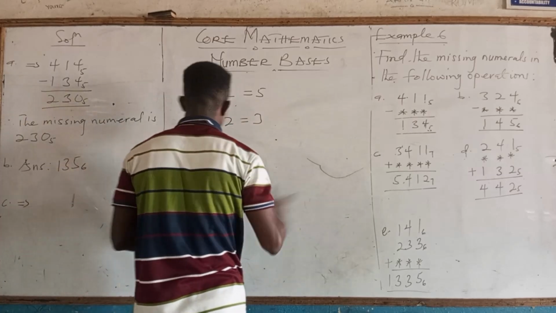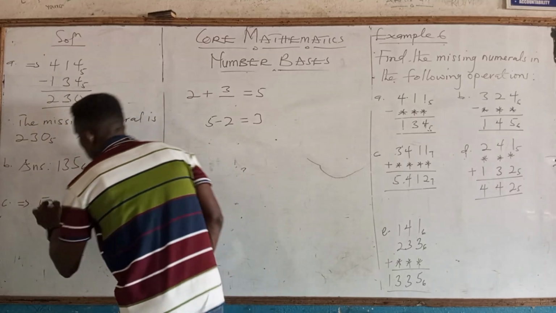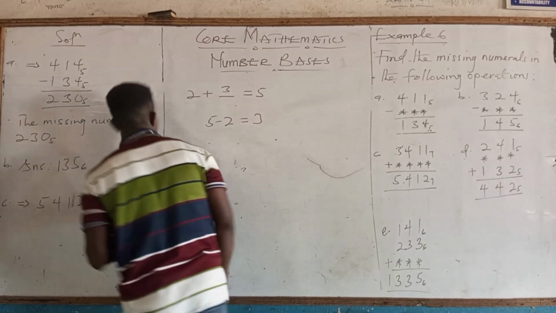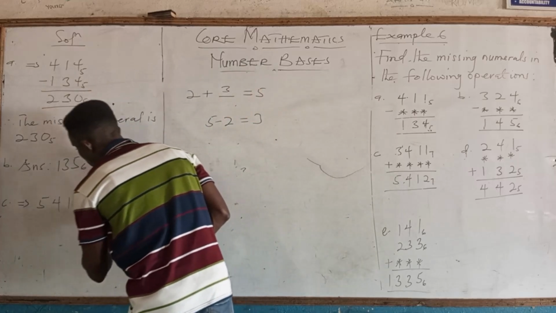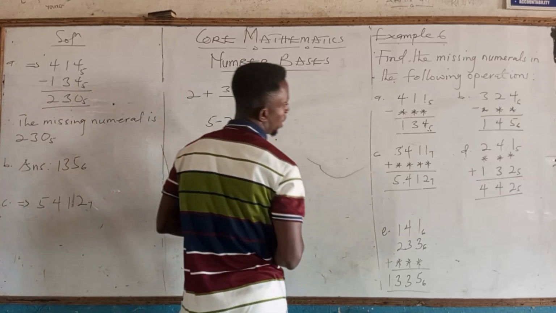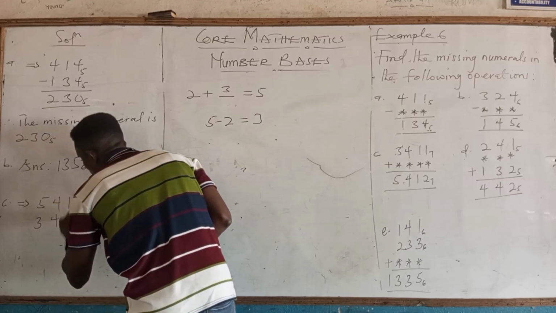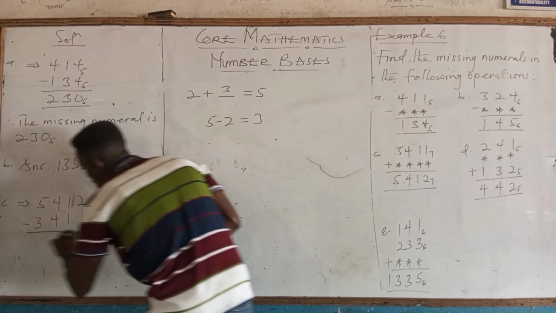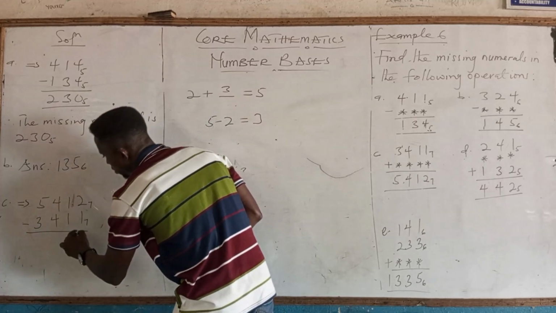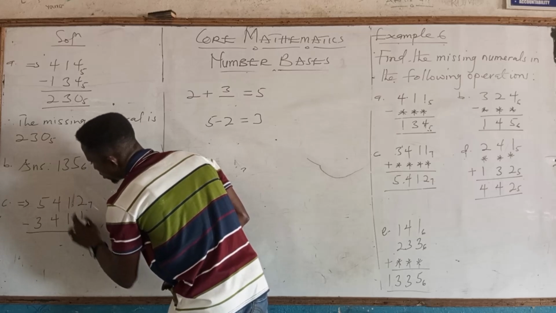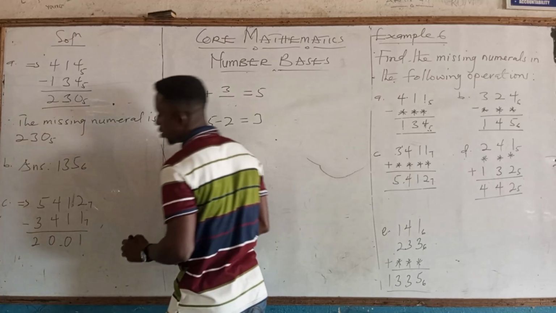I should have written the question first, but I forgot about that. So it will get us 5, 4, 1, 2 base 7. Then I subtract 3, 4, 1, 1 from it. This minus this is 1, 0, 0, then 2.